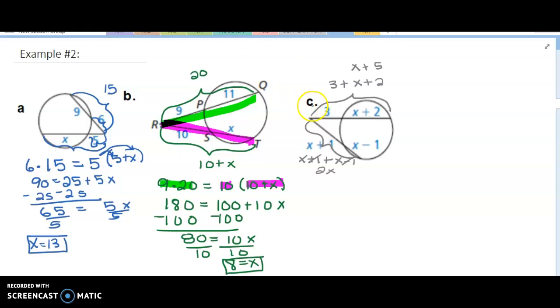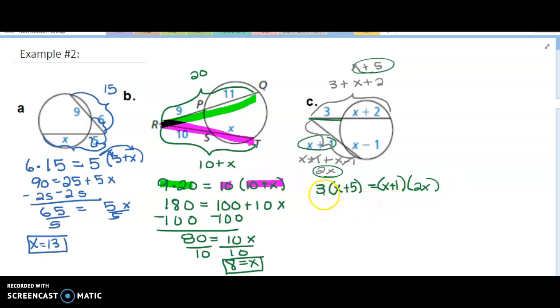Okay, so exterior times entire. So exterior is 3 times the entire is x plus 5 is going to equal exterior is x plus 1 times the entire is 2x. Hopefully you can get to that.